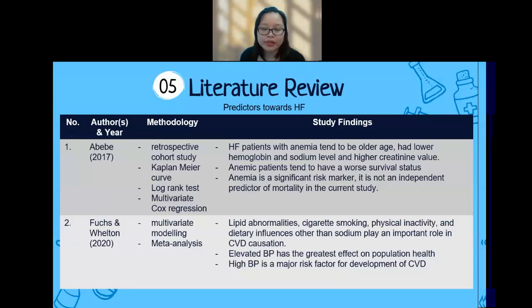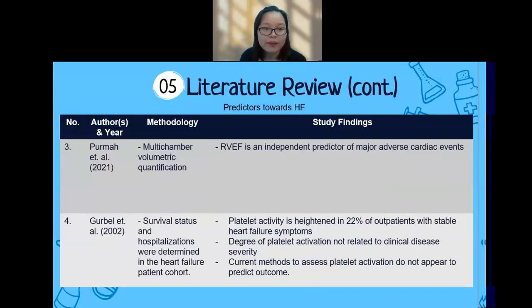High blood pressure is a major risk factor for the development of cardiovascular disease. Another author used multi-chamber volumetric quantification, and it was found that right ventricular ejection fraction is an independent predictor of major adverse cardiac events.